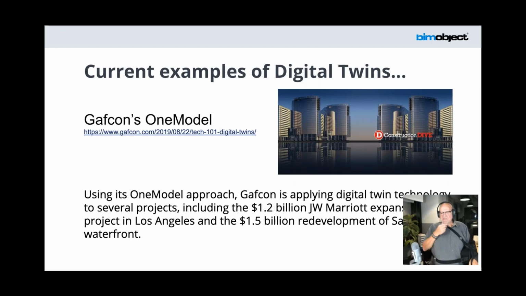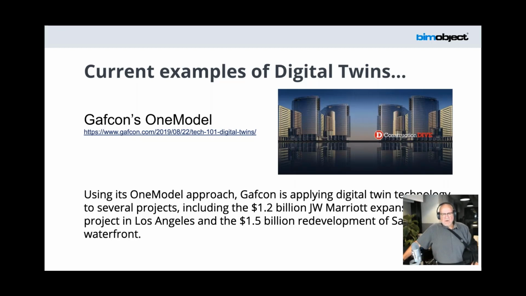Another great example was just announced here, and GAFCON is a partner, or we work a lot with GAFCON here in the States and all over the world, actually. They are a very large, in the day they were a general contractor. They have what's called a VDC, or Virtual Design and Construction division, that is now doing a lot of very large project management systems.